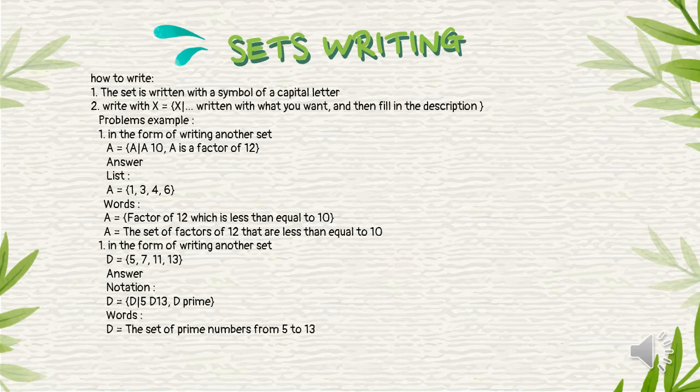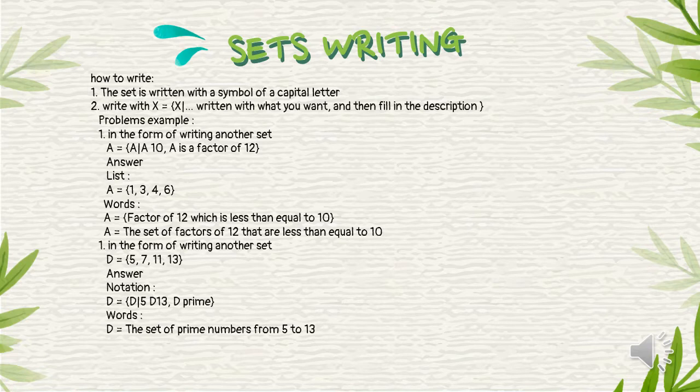Words: A is curly bracket factors of 12 which are less than or equal to 10 curly bracket. And A is the set of factors of 12 that are less than or equal to 10.